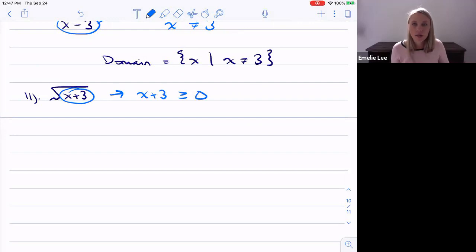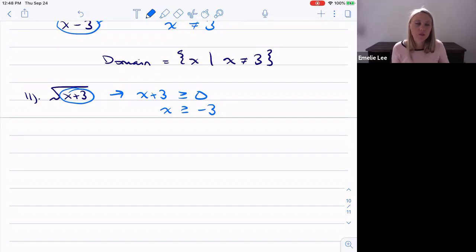And like I said, for now, we'll just treat these inequalities as if they're equal signs. So x is greater than or equal to negative 3. If you try values, negative 3 puts me at 0. The square root of 0 is allowed. If I do x is 0, that's not less than negative 3, so it's not in the domain.